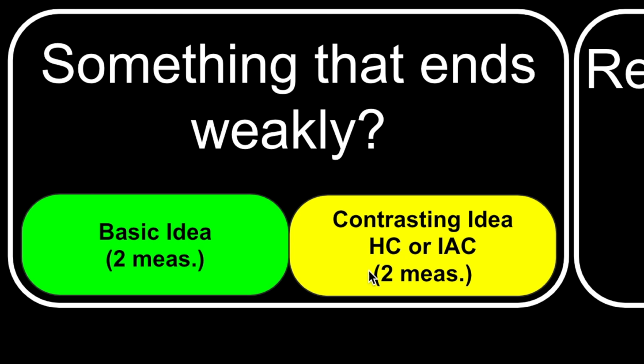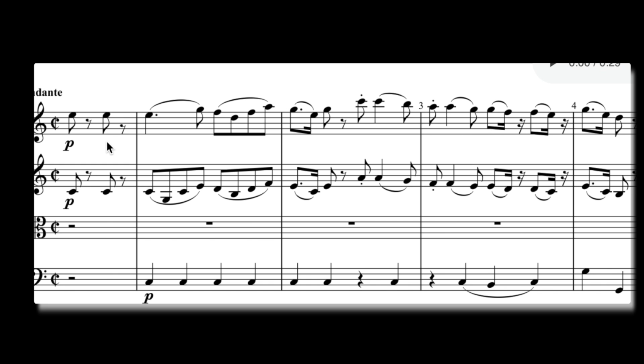So it either ends on the 5 chord or it ends on the 1 chord with some other melody note than do in the soprano voice. Okay, so let's give that another listen for just the first part. To walk you through it, here's the beginning. Here's our first two measures, our basic idea, and here's the contrasting idea, ending on a half cadence here.